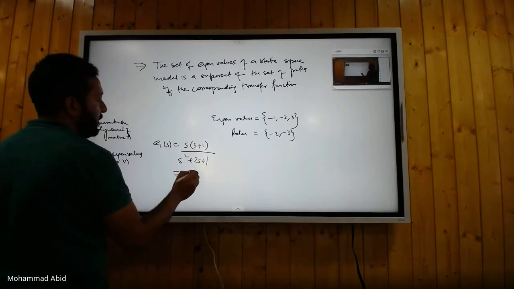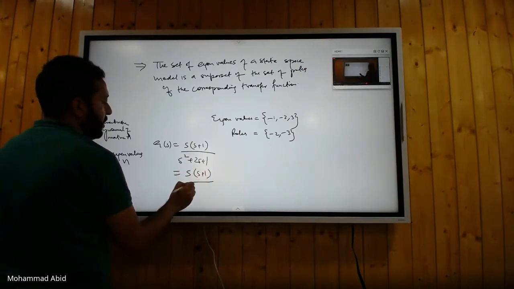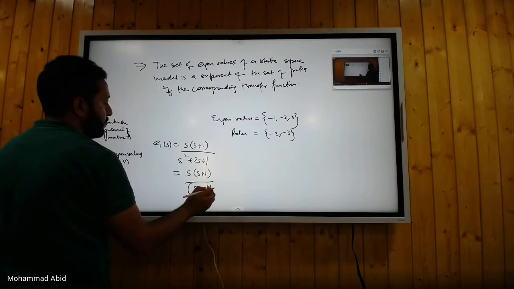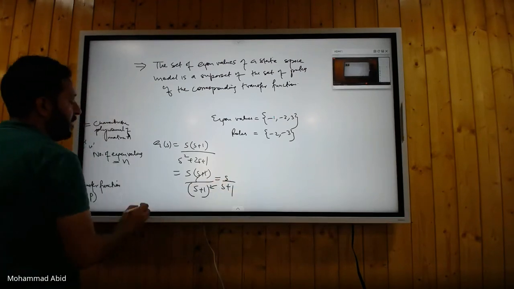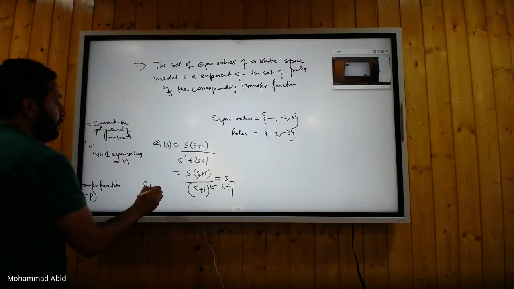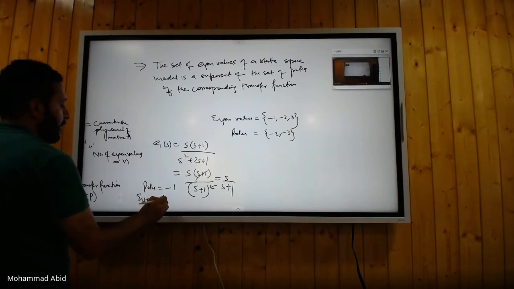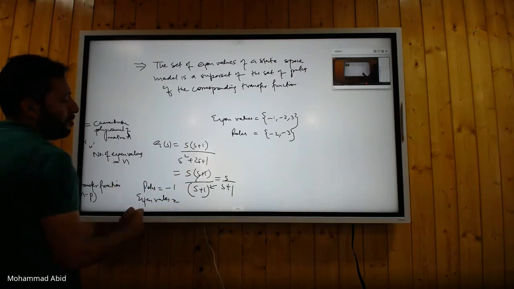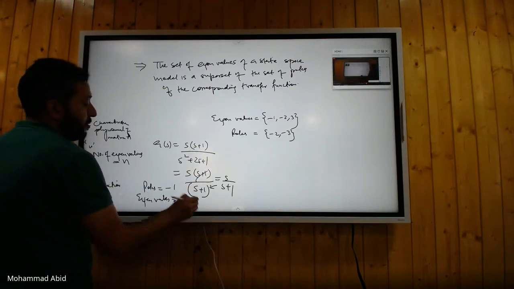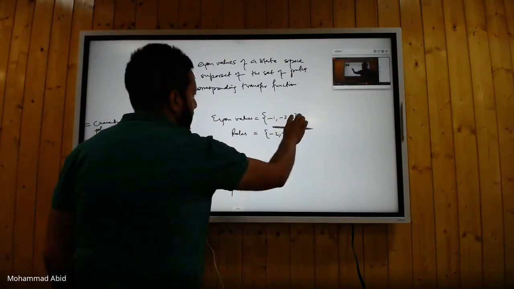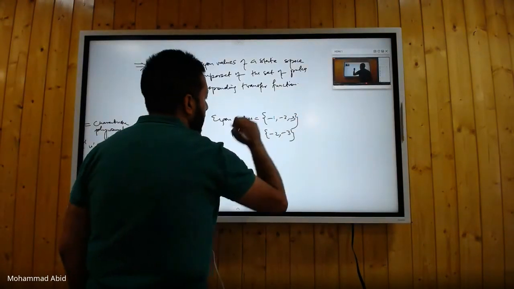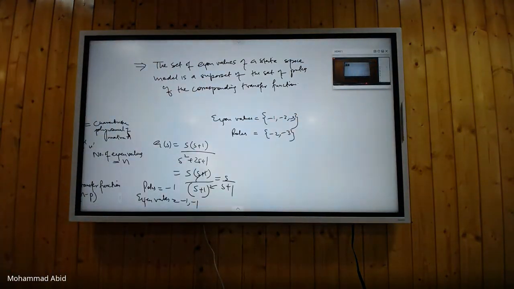That is s(s+1)/(s+1)², which is s/(s+1). तो इसका अगर आप पोल देखो, the pole is located at -1. और इसके अगर आप eigenvalues obtain करोगे, they will actually be the roots of this, which will be -1 and -1. Isn't it? Is that okay?